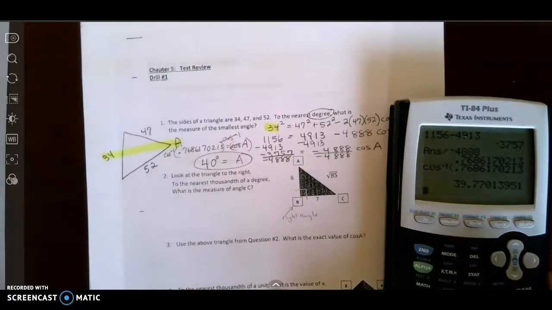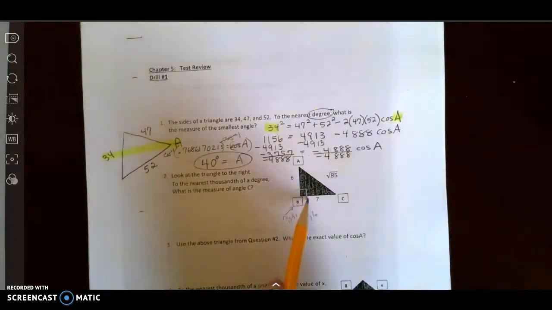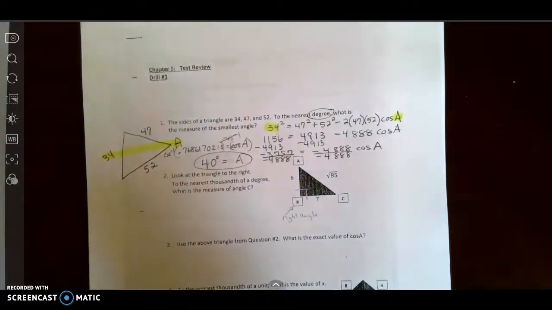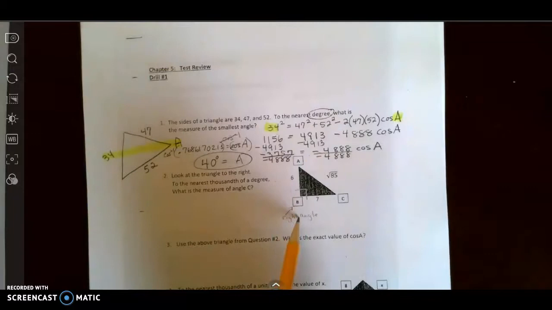Okay. Number 2, let's look at this triangle at the right. Notice this is a right angle. I labeled that. To the nearest thousandth of a degree, what is the measure of angle C? So now this is a right triangle. That's really important. Because when it's a right triangle, I don't need to use law of sines or cosines.